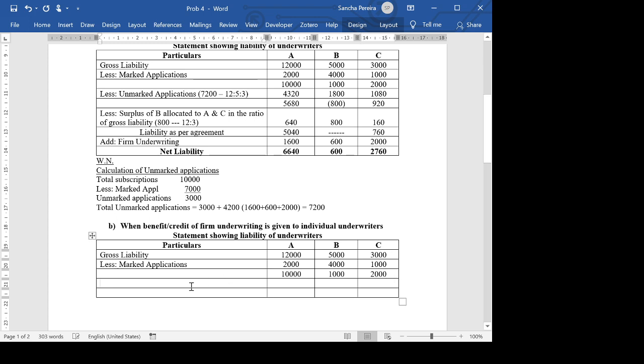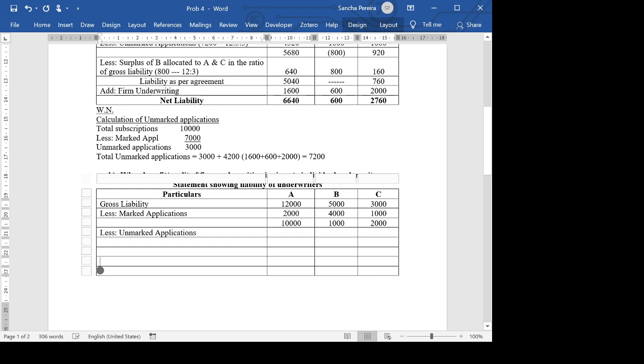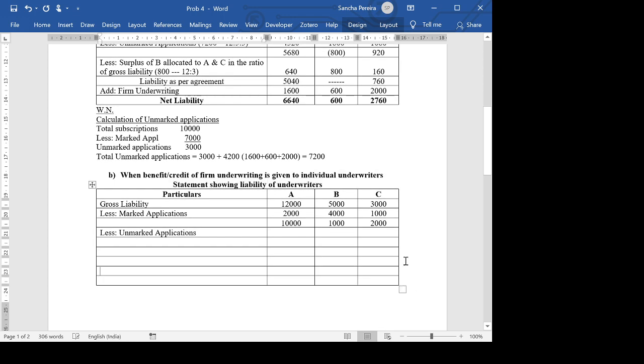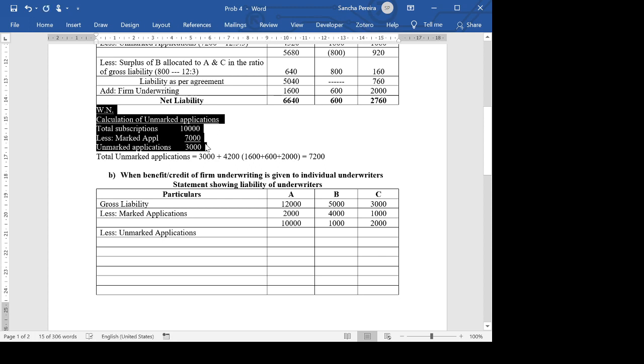Okay. Next, we calculate unmarked applications. Less unmarked applications. Now again, we'll do the same thing again, but let's see how our unmarked applications are different.